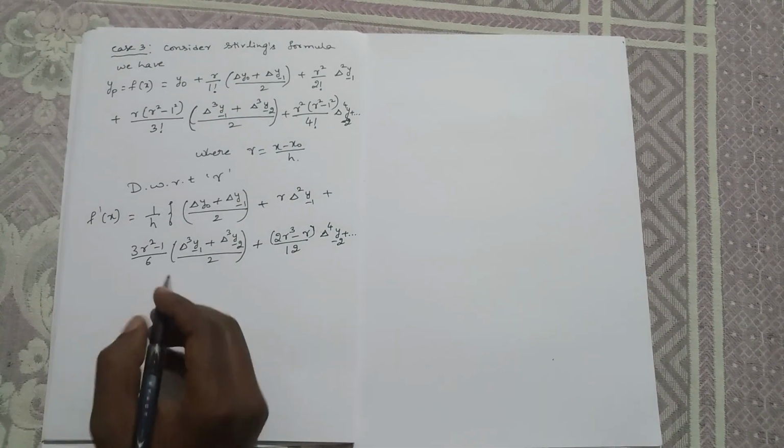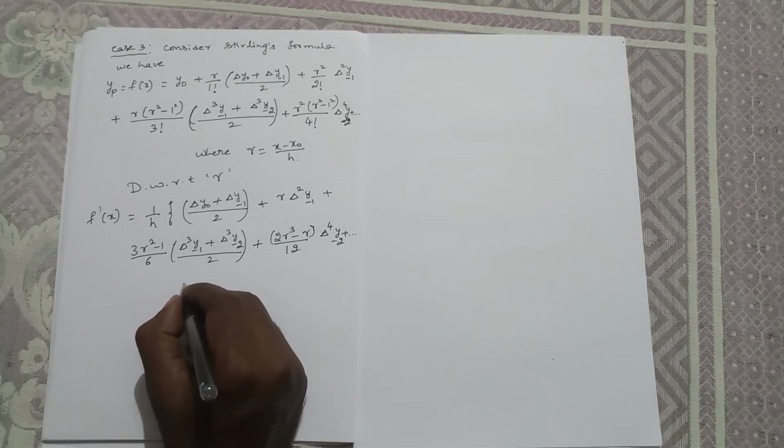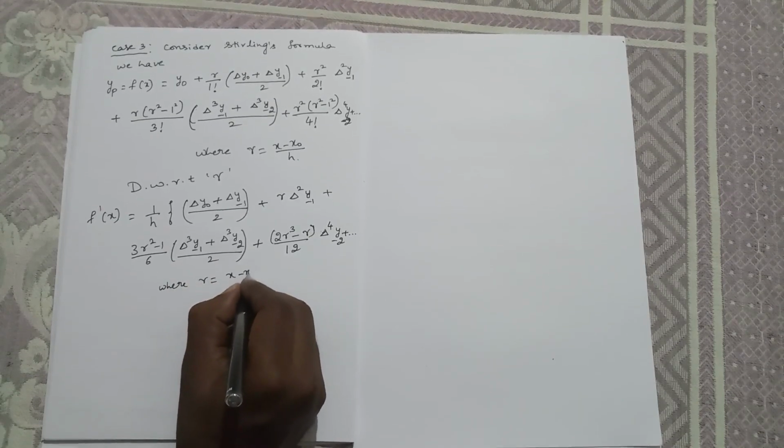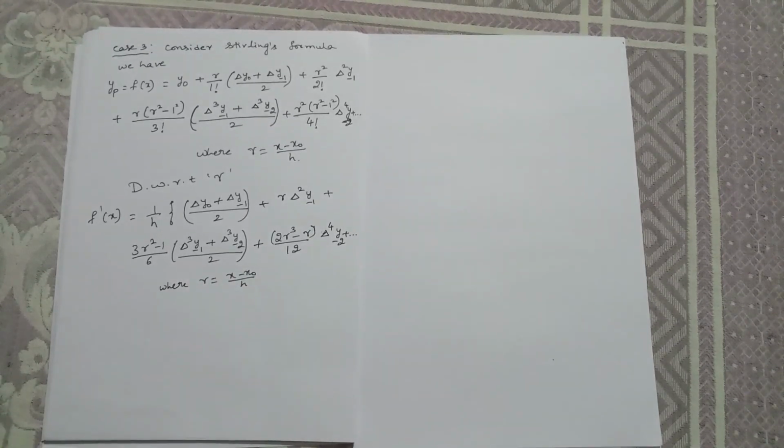So this is your first derivative. Here also r equals x minus x naught divided by h.